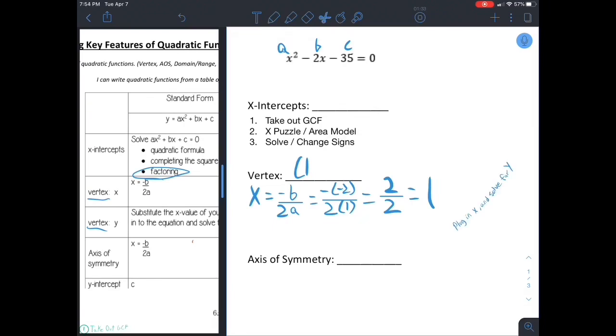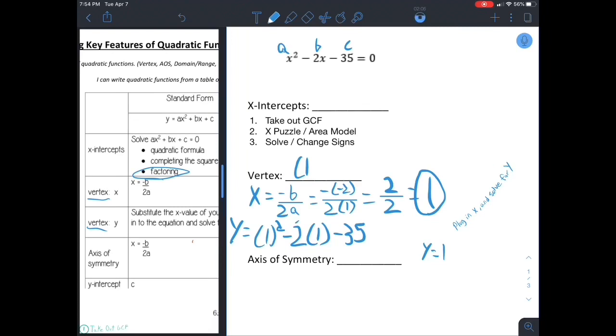Next, we need to plug in x and solve for y. All right, so our equation, we plug in our new x value. So we have 1 squared minus 2 times 1 minus 35. Set equal to y. So you can either use your technology and type that in your calculator, or you can work it out manually.